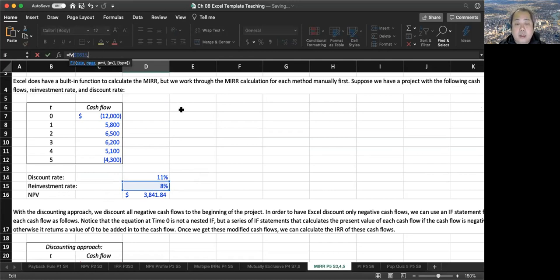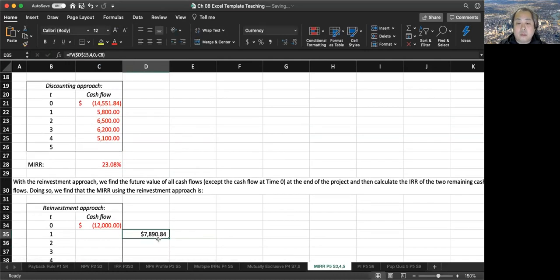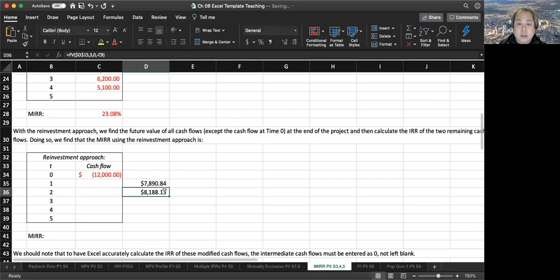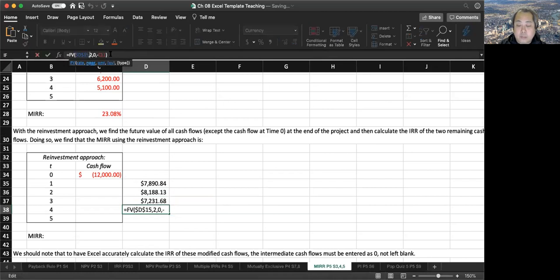Your number of years is 4 years left, PMT 0, and the present value you have to reinvest is 5,800. That is the future value. Second year cash flow is very similar, except this should be 3. Third year cash flow should be 2 years. And the fourth year cash flow should have 1 year to compound interest.